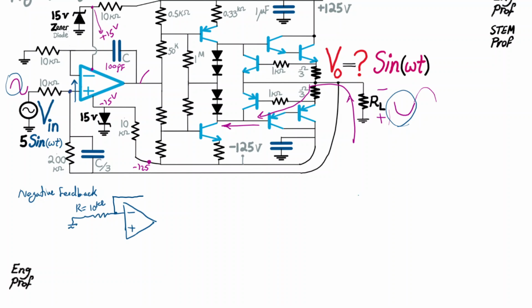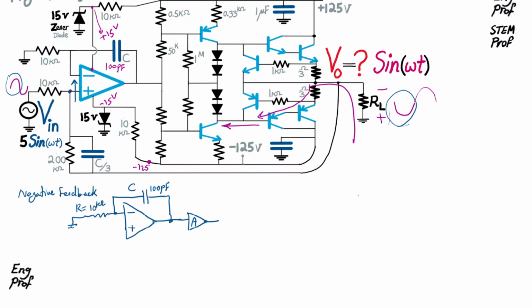We have the capacitor C, which is 100 picofarad, but let's refer to it as capacitor C. And then we have the output of the op-amp. From this node, the output of the op-amp, I have some voltage gain up to the output. I'm going to refer to that as the amplifier voltage gain A, and I get to the output.